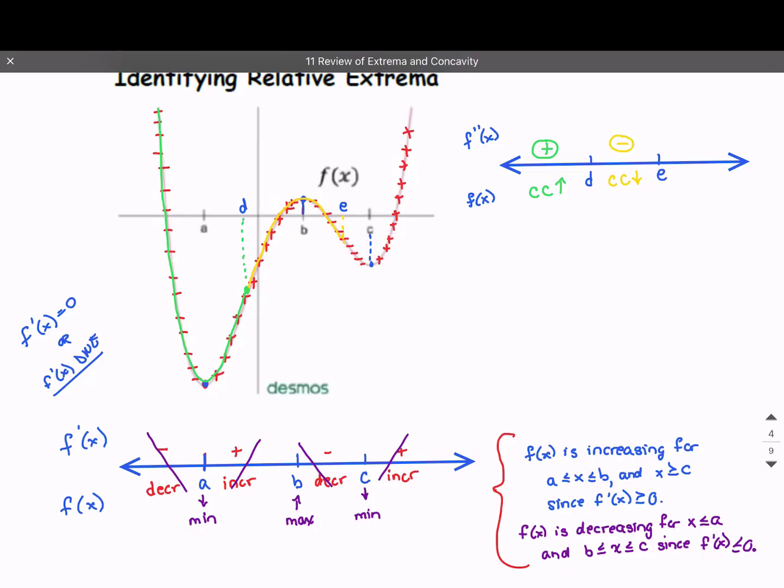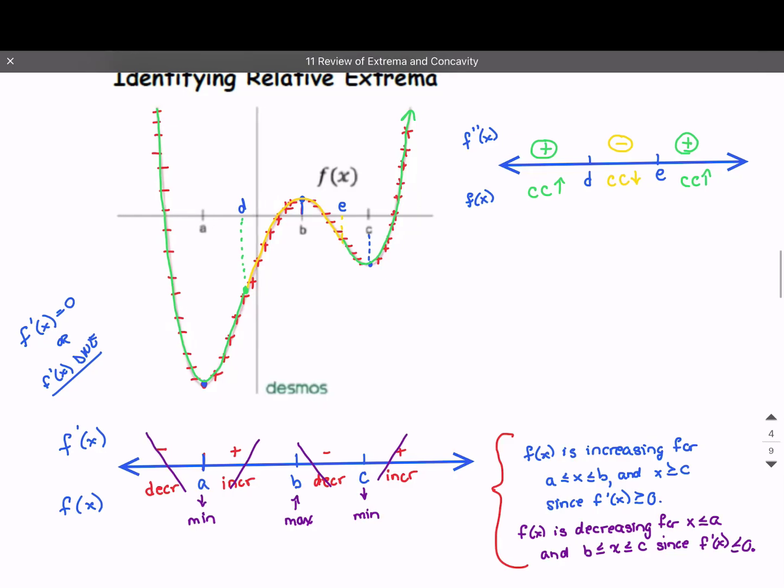Then we go back, and now our graph is concave up again for the rest of time. So we're concave up, which means that our second derivative is positive. It also means that we have a point of inflection at D and a point of inflection at E.